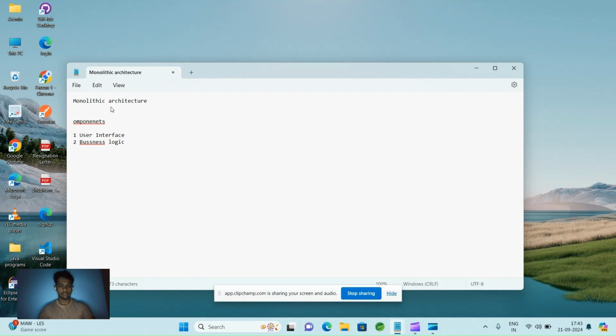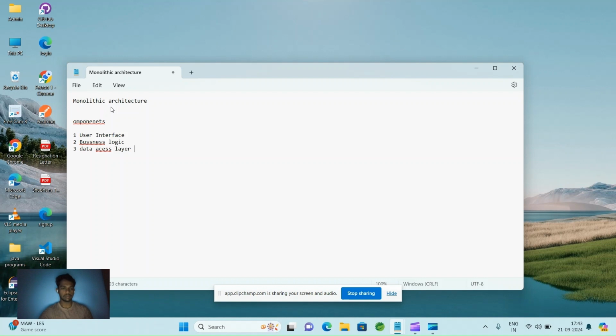And third is the data access layer that interacts with the database. Sorry, I made some mistake about the spelling.